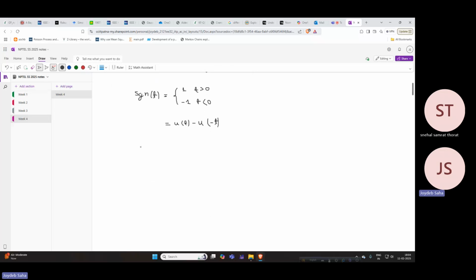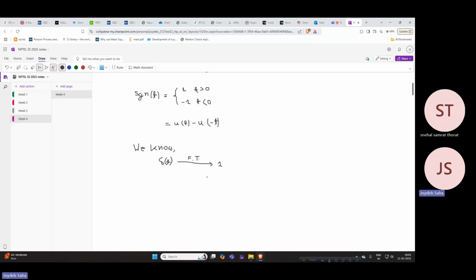So now we know delta of t, its Fourier transform is 1.